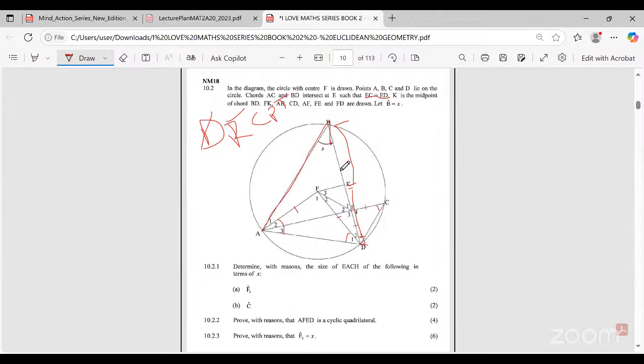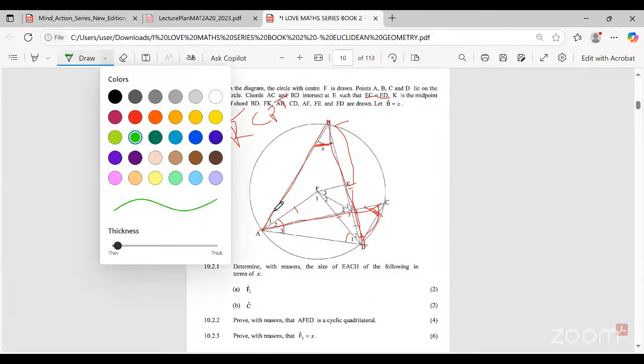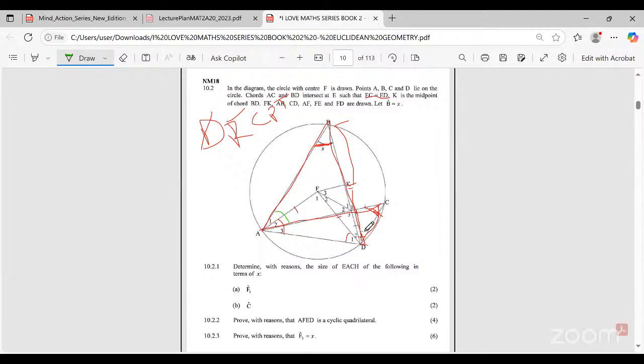This is a cyclic quad. Therefore, this angle will be equal to this angle, right? Yes, sir. And again, this angle here, let me use a different color. Therefore, this angle will be equal to this angle here. Reason being angles in the same segment. Then we are done with the cyclic quad.